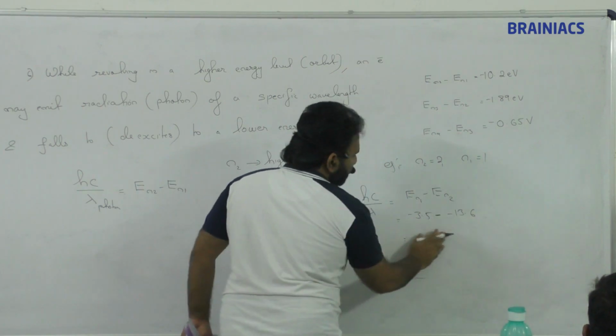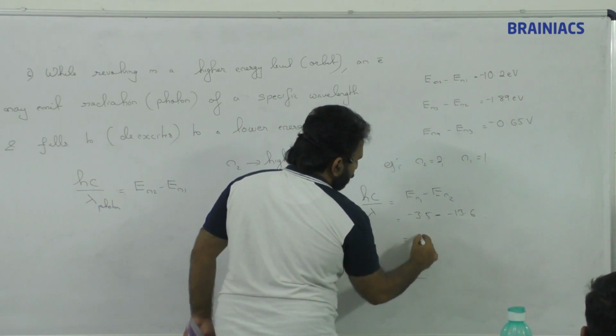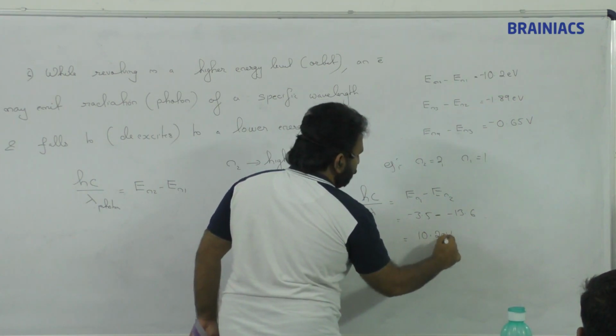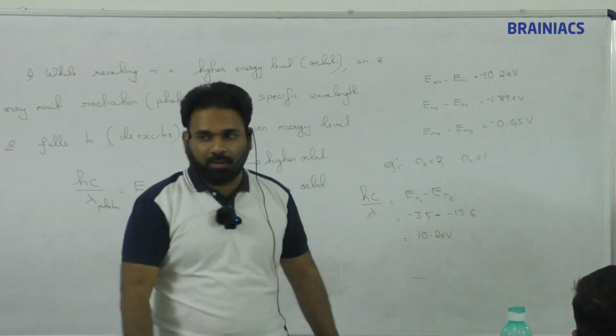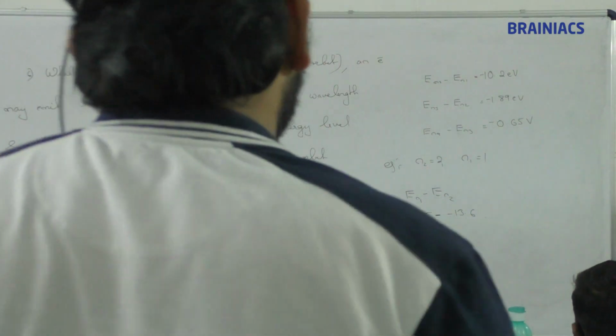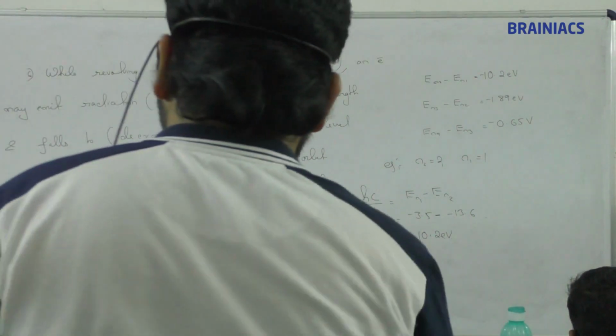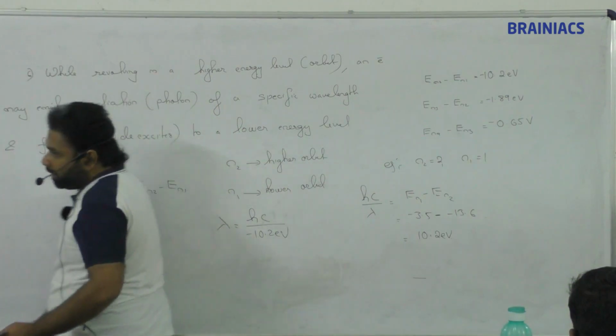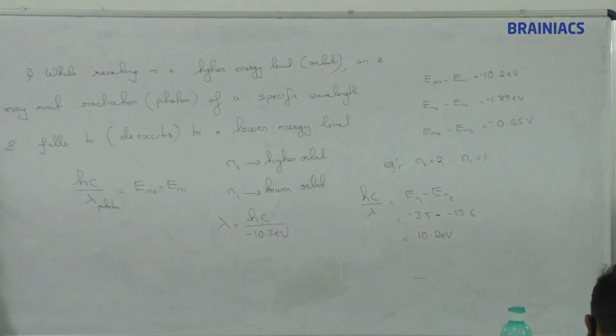What will we get? 10.2 electron volt. Just look at the magnitude. Okay, clear? 10.2 electron volt difference.